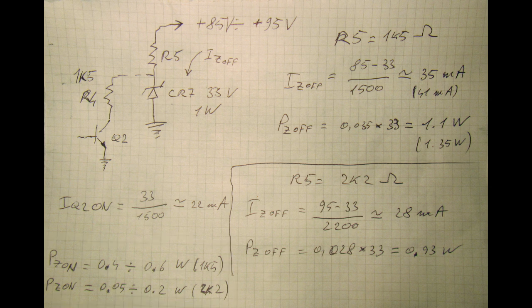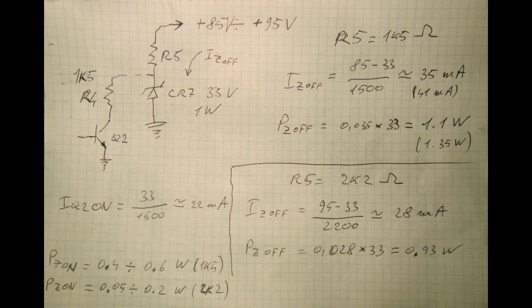The actual mean power dissipated on the zener depends on the actual ratio between dark and bright screen content. But we can easily understand that it's easy for the zener diode to run beyond its rated power levels for extended periods of time when R5 is a 1.5 kΩ resistor.